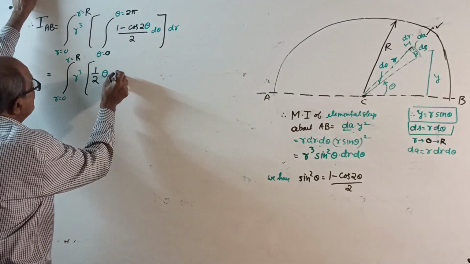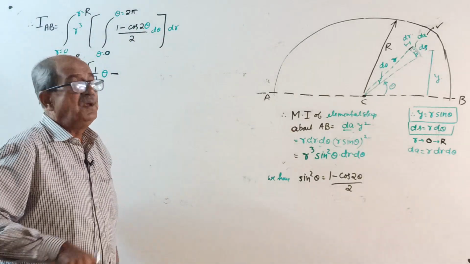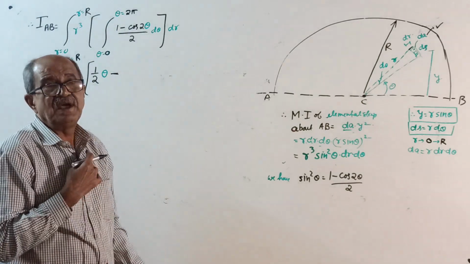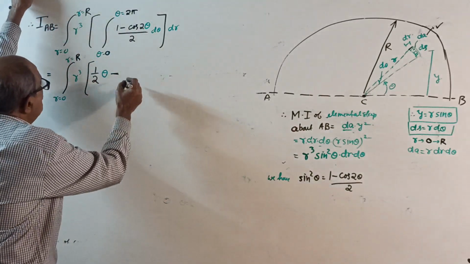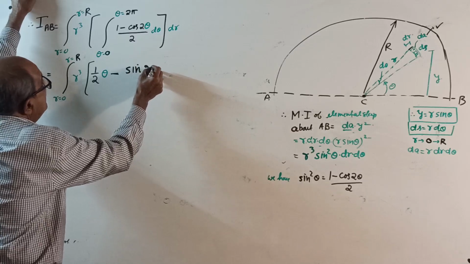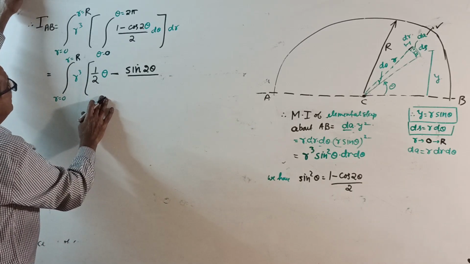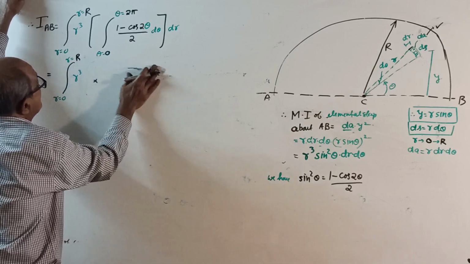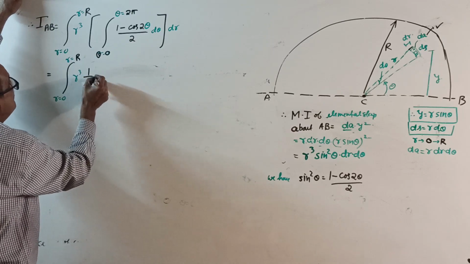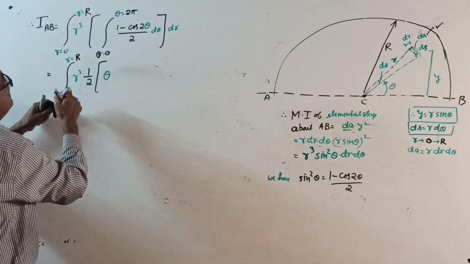Then minus, integrate cos 2 theta. When you integrate cos 2 theta, it becomes sin 2 theta. Or you can do one thing, you take that half outside, better. It is better to take half outside. See, you take this half outside, into half times, okay, start, 1 becomes theta.